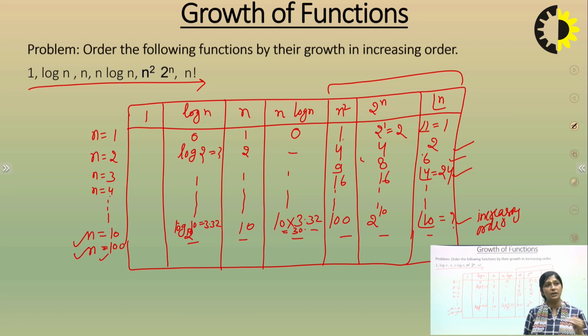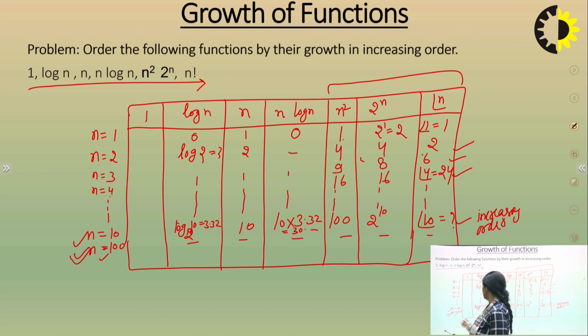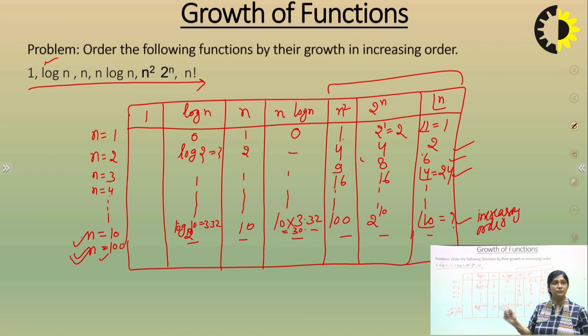Sometimes when we are taking n equal to 10, in that case you will find out the values at n equal to 100 also, right? Definitely you will find the increasing order. If you are not getting the increasing order, then according to this you will mention these functions in increasing order. Based on this and this, you will write the order of the function.